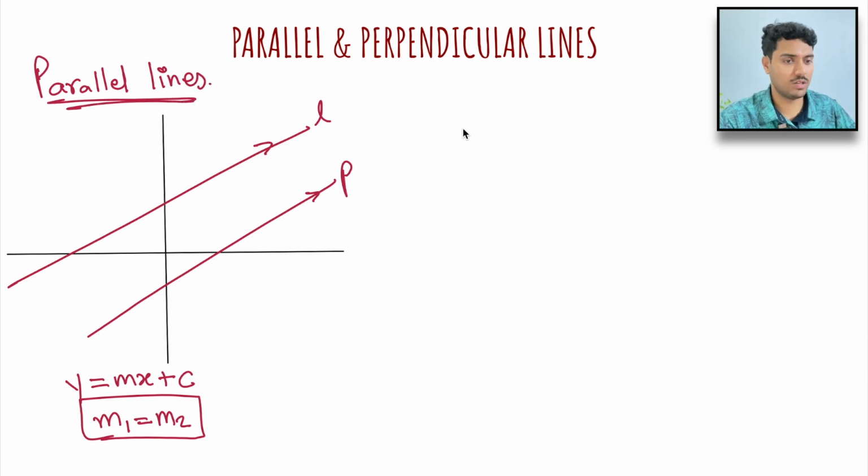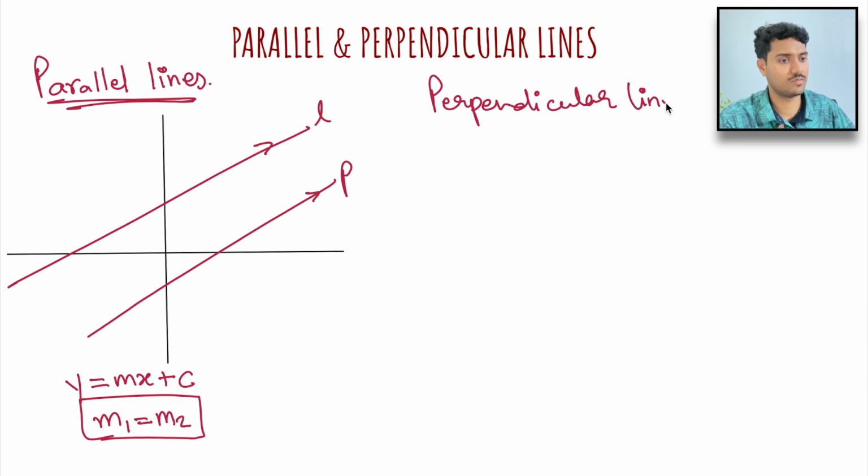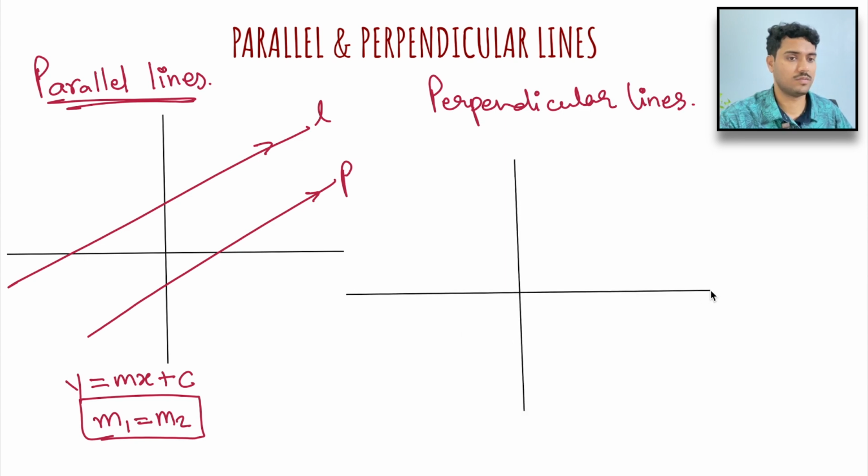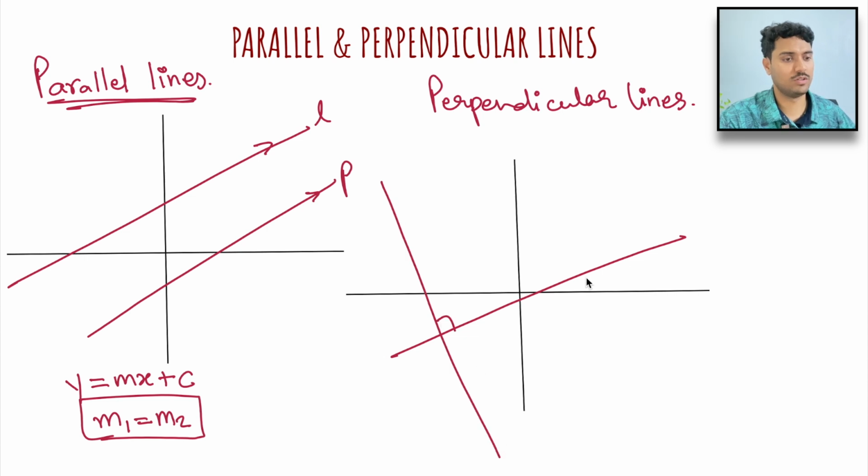For perpendicular lines, let's say this is another Cartesian plane, and one line is like this and another line is passing like this, and they are perpendicular to each other.